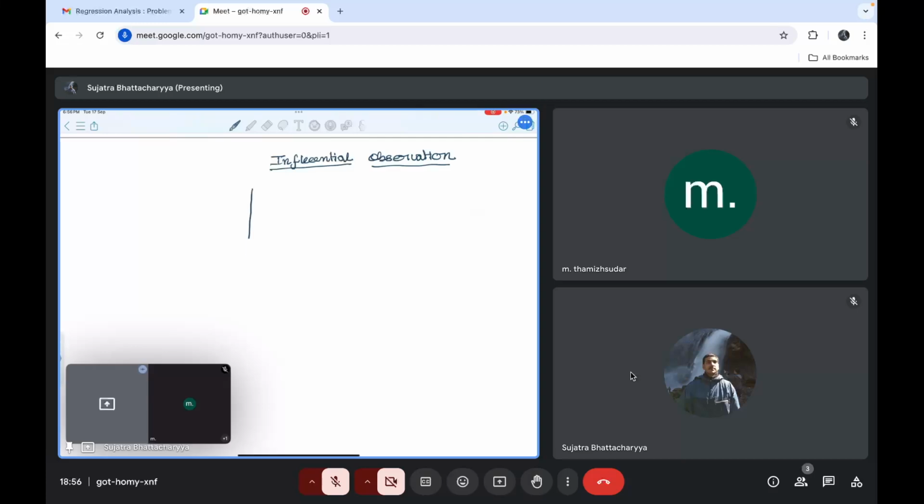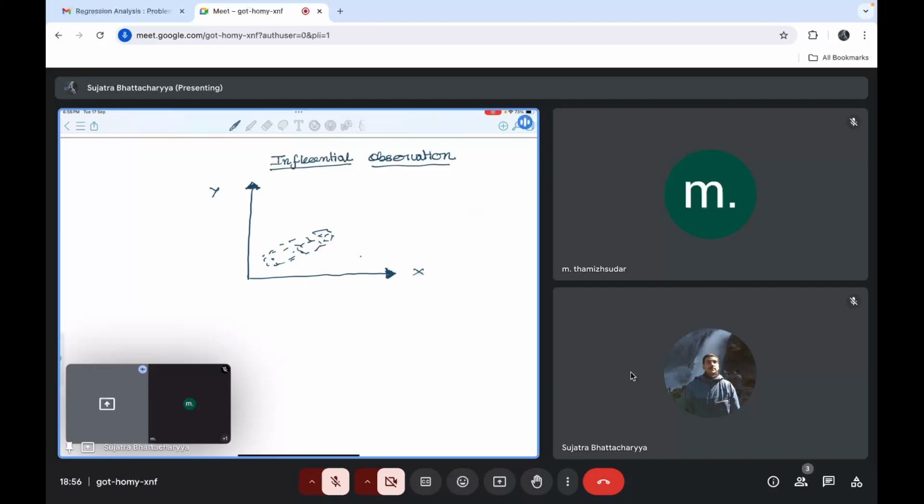Unlike the leverage point, if I again draw a graph, this is X, this is Y, and these are some points, just like what we have drawn, and they are mostly scattered here.